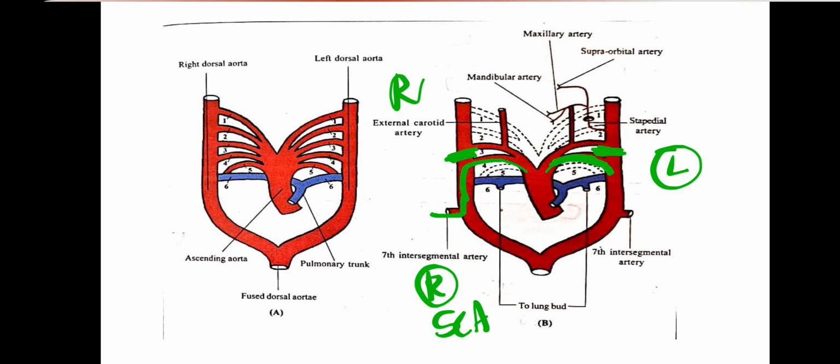When I say it is going to become a part of the arch of aorta, there are other contributions to the arch of aorta. We will see about it later.